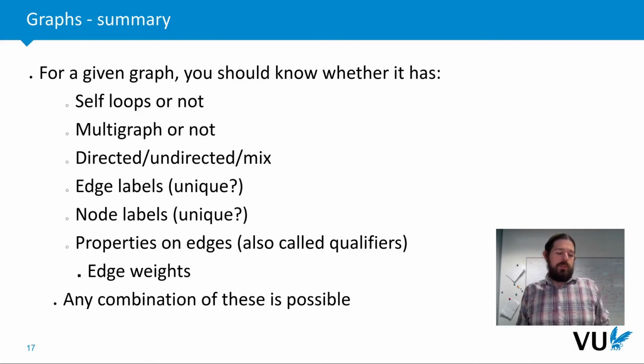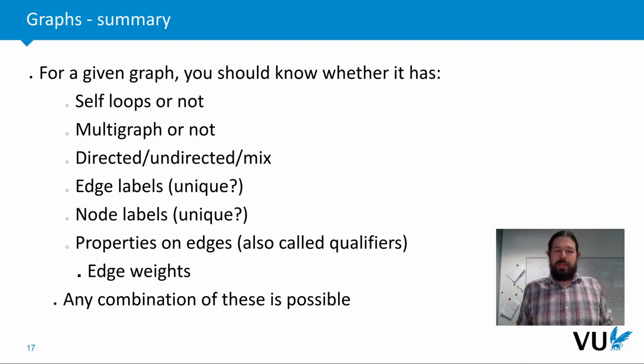So what we have now seen is that we could start from this simple graph and then go all the way up to this property graph, which we saw just before. And if somebody tells you, okay, I'm using a graph for something, what you should immediately start asking is whether this is a simple graph, or whether it maybe also allows things like self loops, whether it's a multi-graph, is it a directed graph, an undirected graph, a mix of the two.